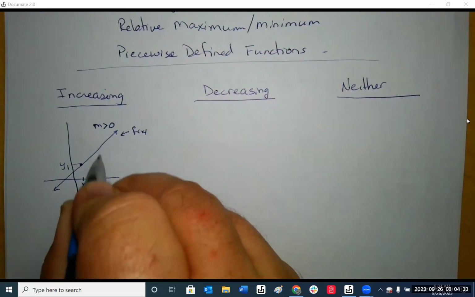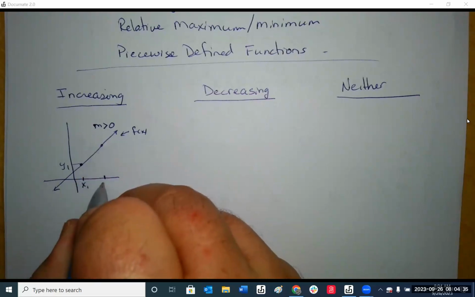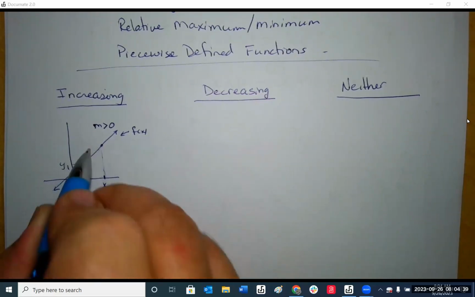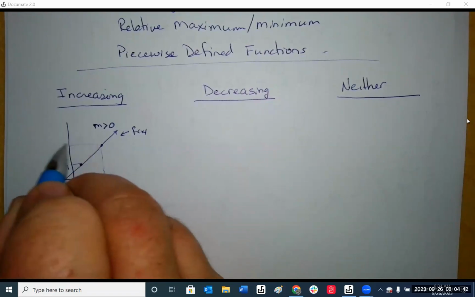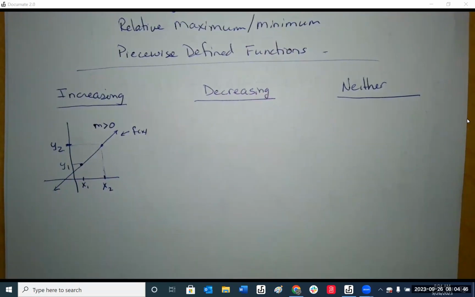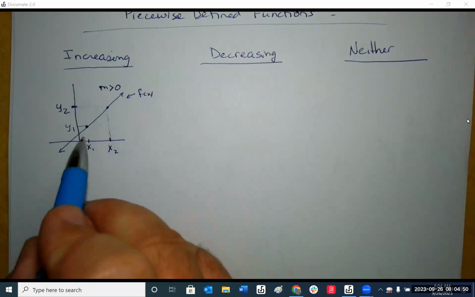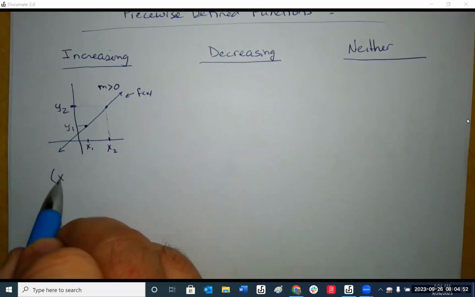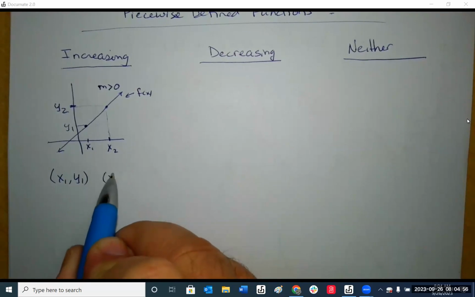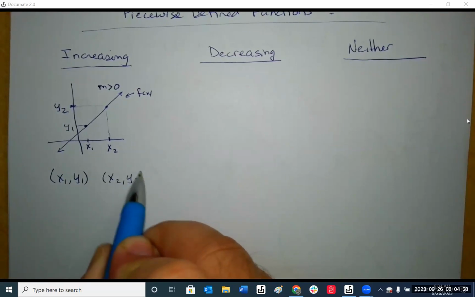There's another point on this graph at x2. This point corresponds to another point on the y-axis called y2. The first point is x1, y1, and the second point is x2, y2.